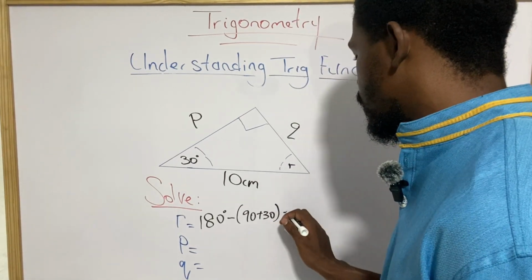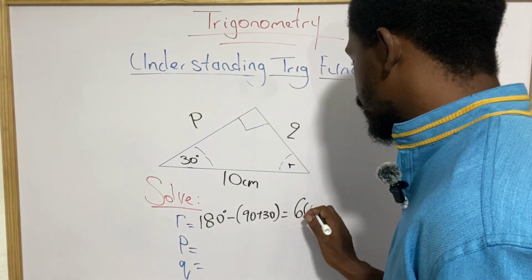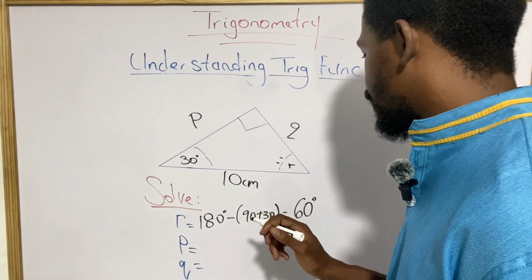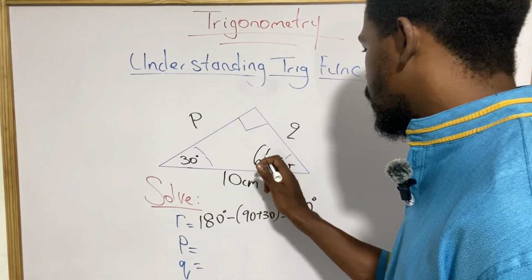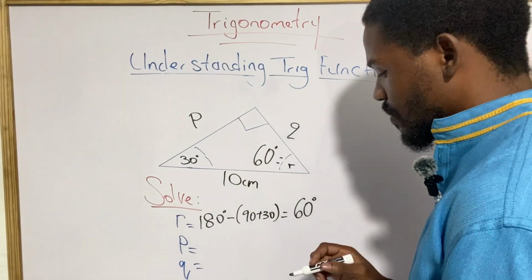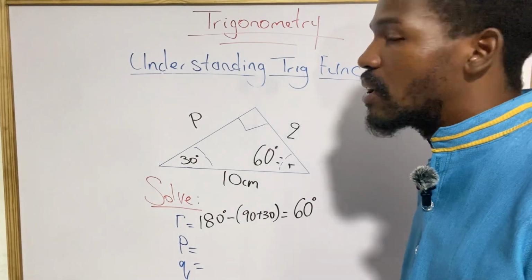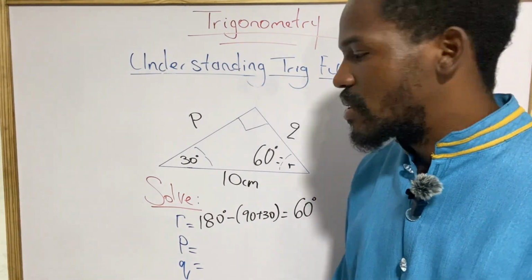That's literally going to give me 60 degrees. So that's really the first part of that. So here's going to be 60 degrees. So 30 and 60 are 90, and 90 plus 90 is actually 180 degrees, right?